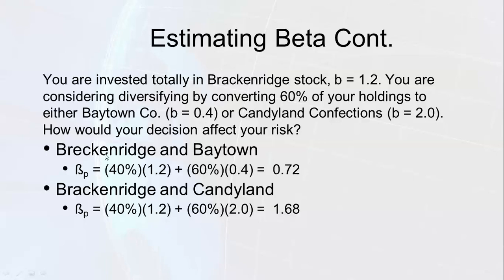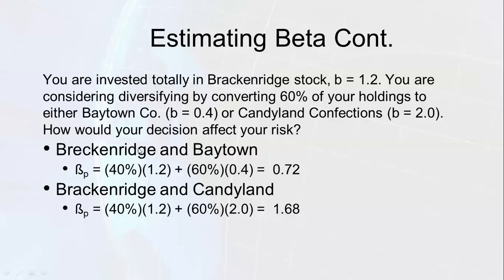Okay, so if you want to create a portfolio of Breckenridge and Baytown, you're going to just create a weighted average of these two companies' betas.